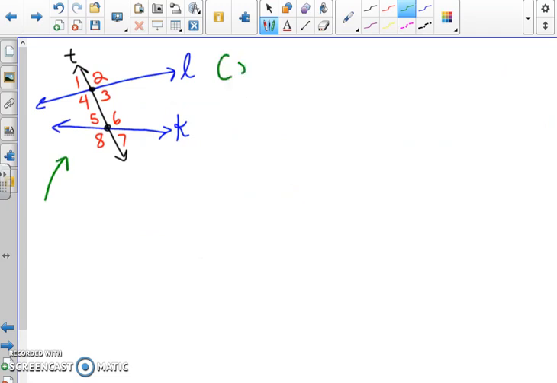So the first one is corresponding angles. I'm going to abbreviate angles.